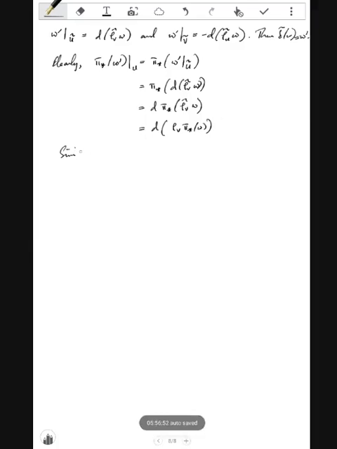Similarly, pi lower star of omega prime restricted to v is equal to minus d of rho u pi lower star of omega.